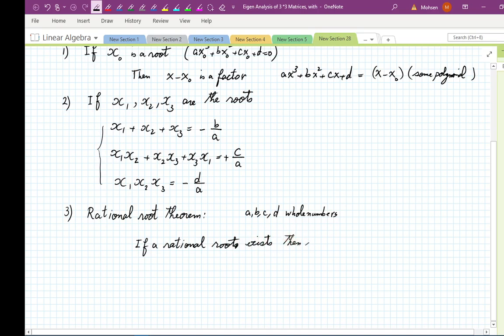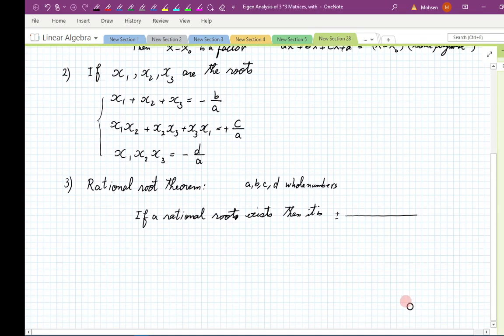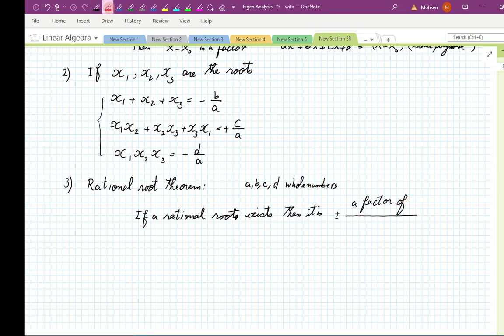then it is either a plus or minus. So what you do, you list factors of d and divide by factors of a. A factor of, let's write it in a different color, d divided by a factor of a.